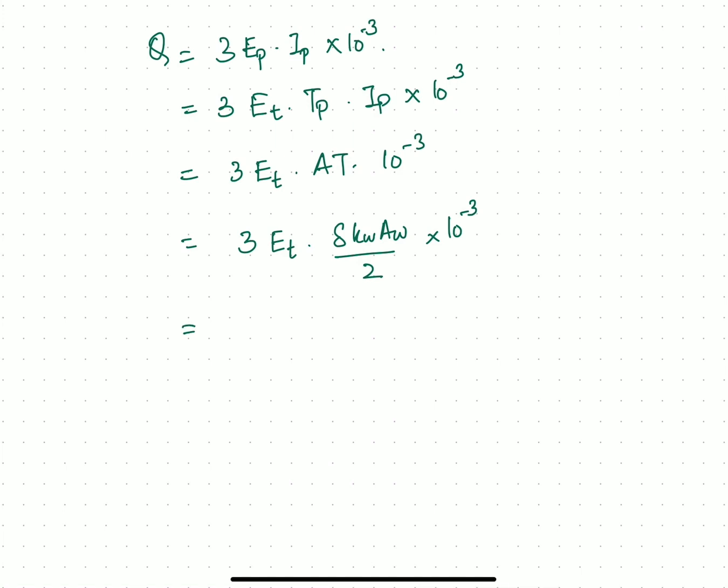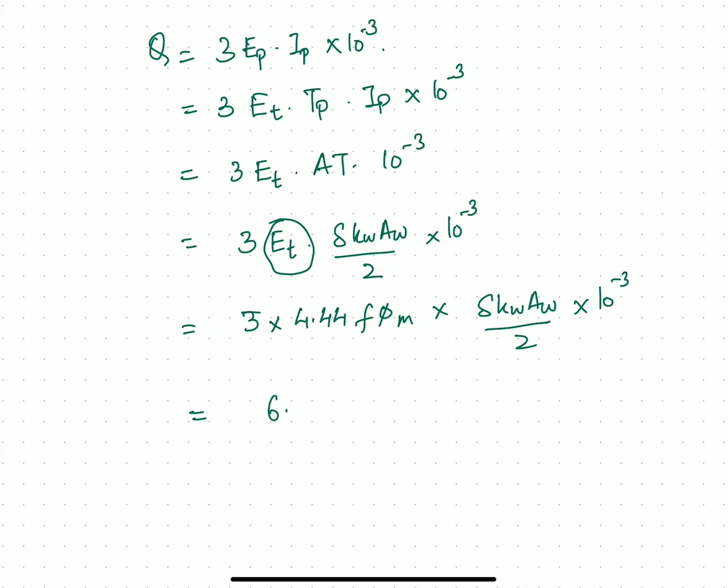And then when we manipulate this ET and substitute it with 4.44 F phi m, what are we left with? We are left with 3 into 4.44 F phi m into delta kW AW by 2 into 10 to the power minus 3, which is equal to 6.66 F phi m delta kW AW into 10 to the power minus 3.